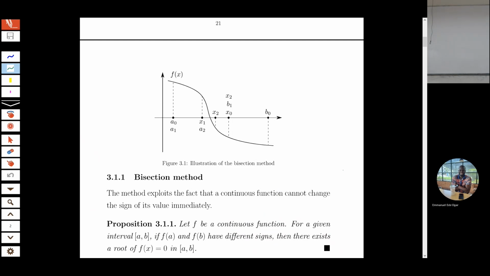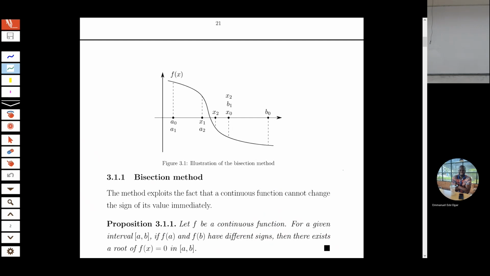This is the x-axis. When the graph of the function f intersects the x-axis, that's where the root is. At this point, this is the value of the root of f(x) equals 0.